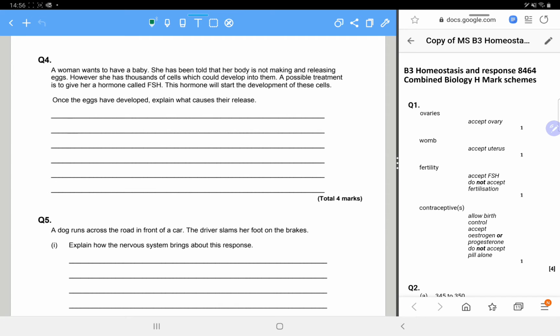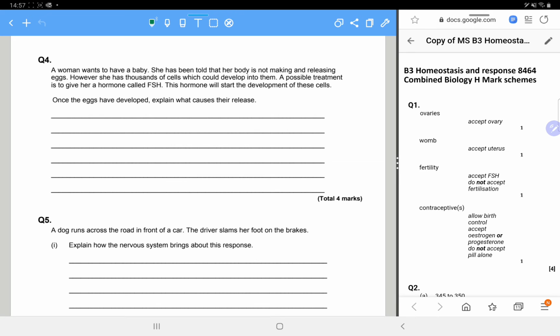She has thousands of cells which could develop into eggs. A possible treatment is to give her a hormone called FSH, follicle stimulating hormone, which we know is released by the pituitary. This hormone will start the development of these cells. Once the eggs have developed, explain what causes their release.